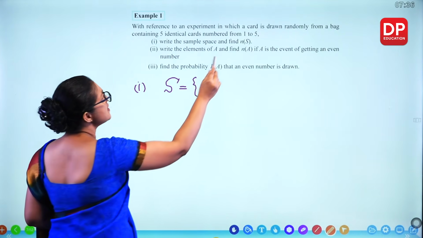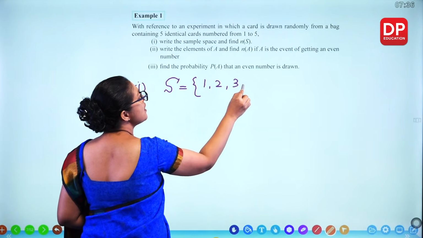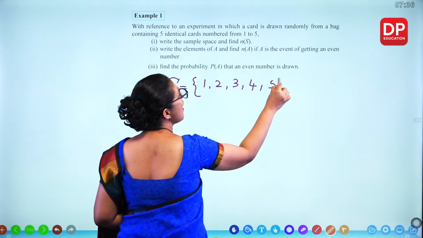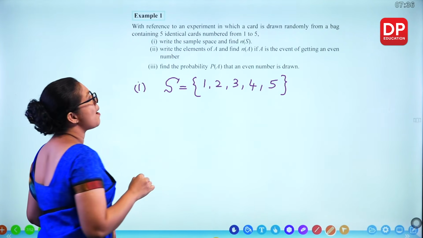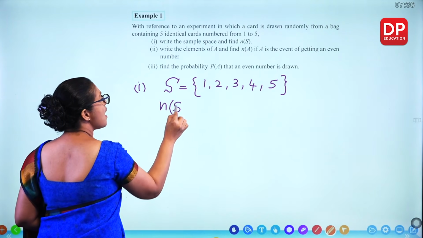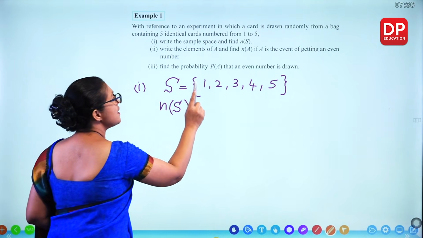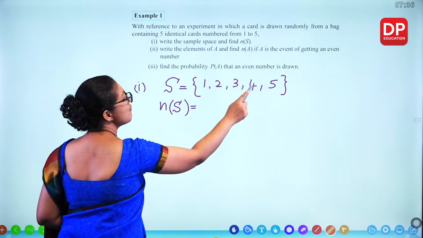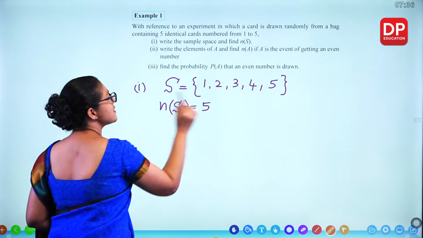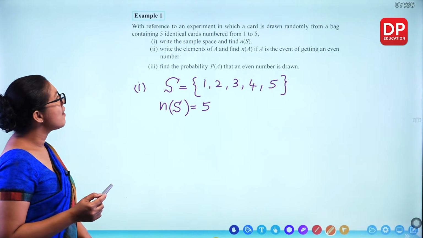Numbers from 1 to 5: 1, 2, 3, 4, 5. That's the sample space. Then the number of elements, you count the numbers: 5 numbers are there. So the number of elements in the sample space is 5.